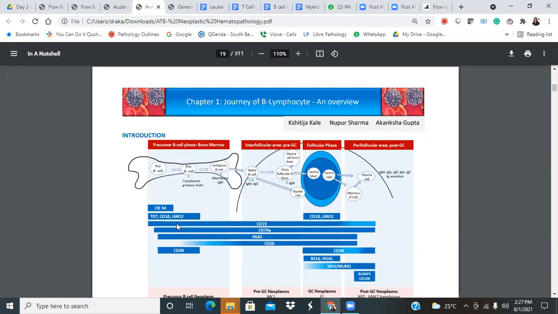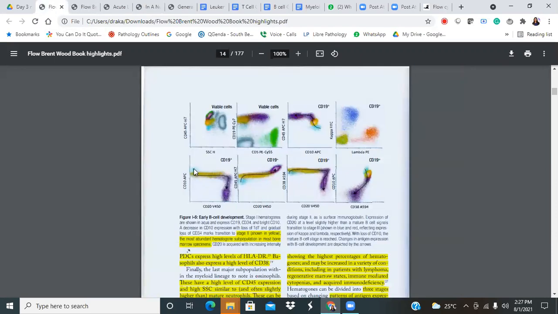So there is a spectrum in which CD10 is there, and then it loses CD10 and gains CD20. That's what they are showing over here: first they have CD10, then they start losing CD10, and when they come to the mature stage, they have lost CD10 and gained CD20. So let's see what they are writing.